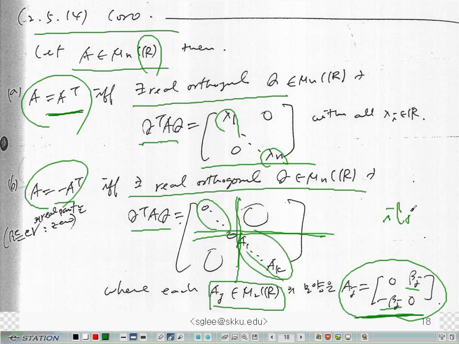So actually these are pure imaginary values of real skew symmetric matrices. You understand that? This is all a consequence of Schur's theorem.